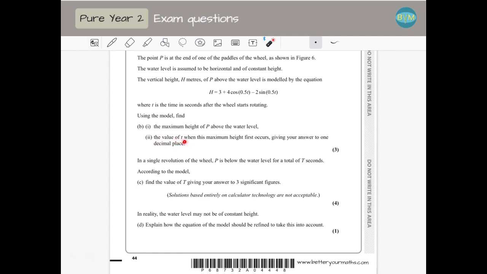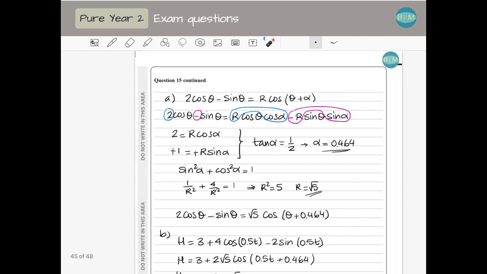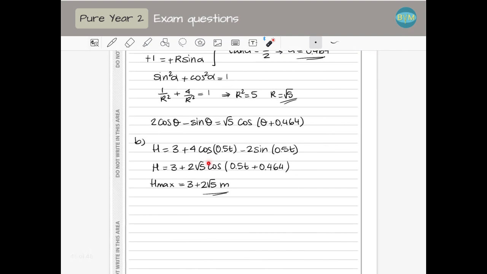Then the value of t when this maximum height first occurs, giving your answer to 1 decimal place. So we have to find the angle that makes this 1. So cos(0.5t + 0.464) equals 1, which means that 0.5t + 0.464 is going to be 2 pi.